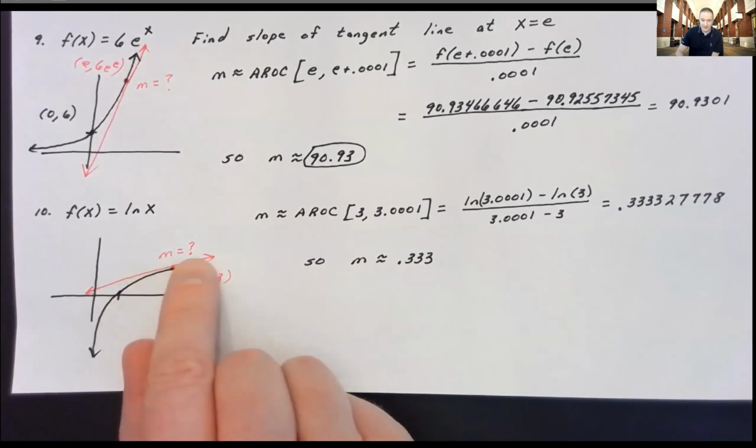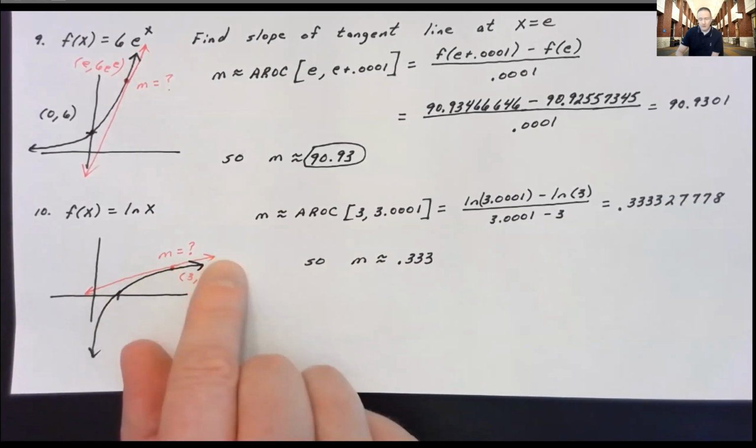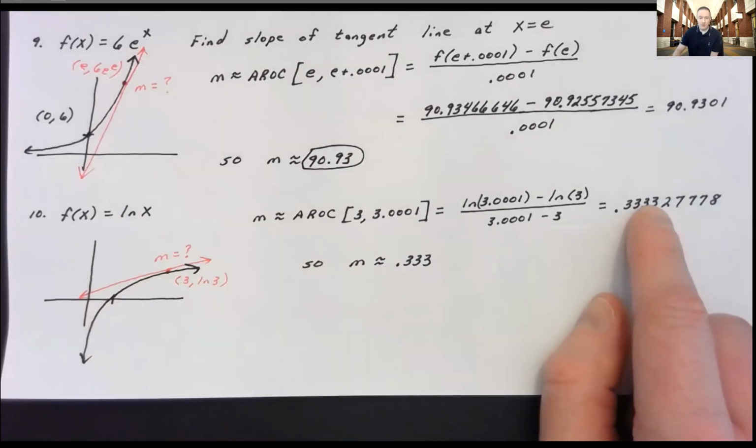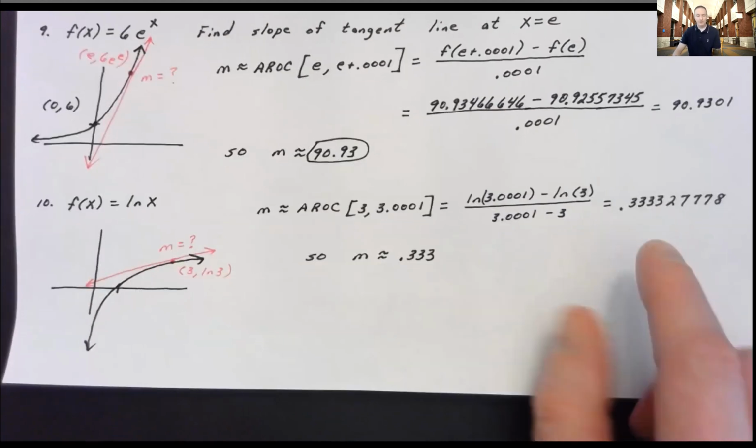It starts decreasing in slope. So because of that, if I were to ask you, is the actual slope at 3 greater than this or less than this? It's probably very slightly greater. In fact, if I had to guess, I guess it's 1/3. But to 3 decimal places, you don't have to guess. You know the answer is 0.333.